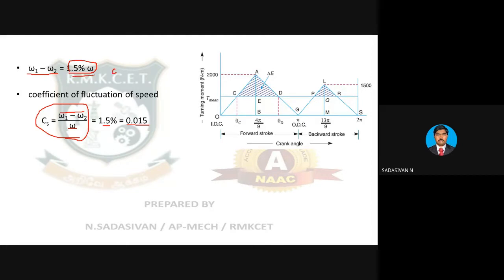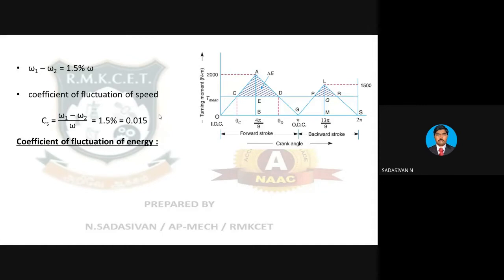This can be written mathematically. When you are doing calculation, percentage should not be written as percentage. It is 1.5 divided by 100, times omega, divided by omega. So I can cancel this. What is that? CS equal to 0.015. 1.5 percentage is 1.5 divided by 100, not 0.15, not 1. So CS is 0.015. Clear? Now I am moving on.